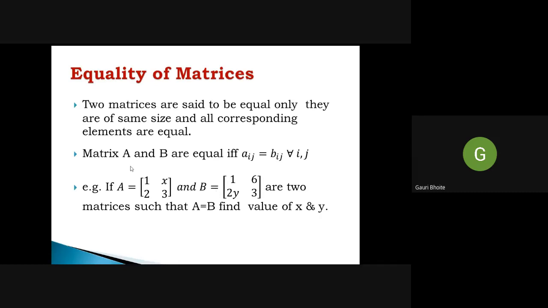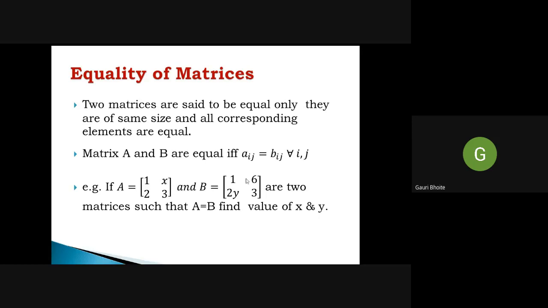Two matrices A and B are equal if and only if they are of the same size and the corresponding elements are also equal. Suppose A and B are two matrices and A is equal to B, that means each element is the same. A11 is 1, here B11 is 1.